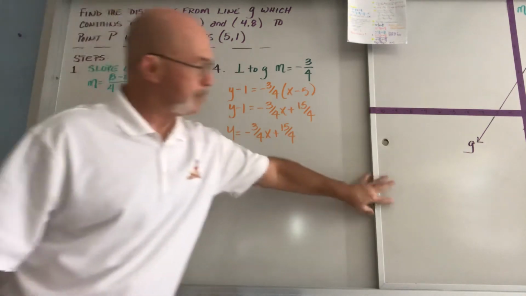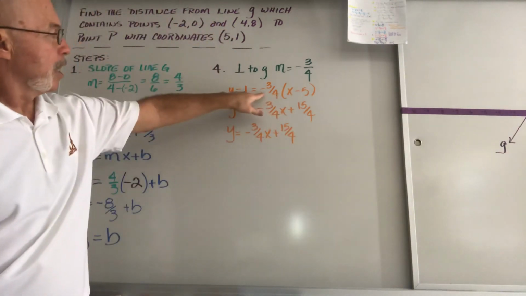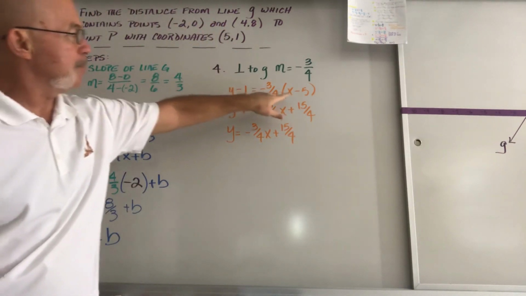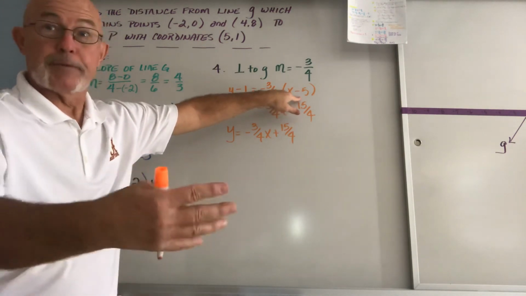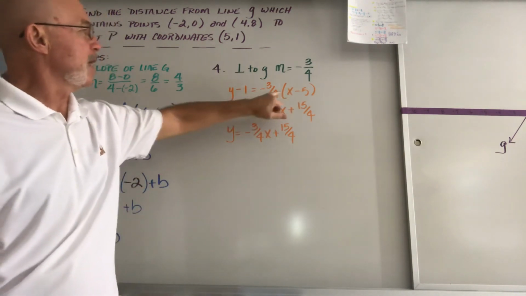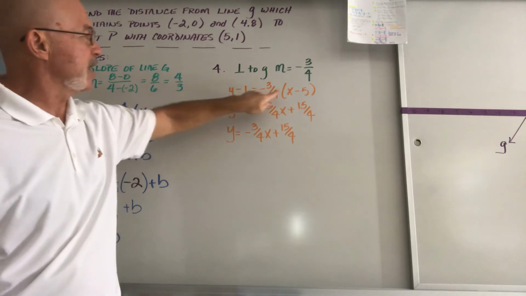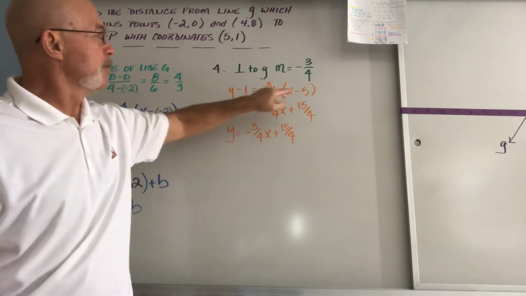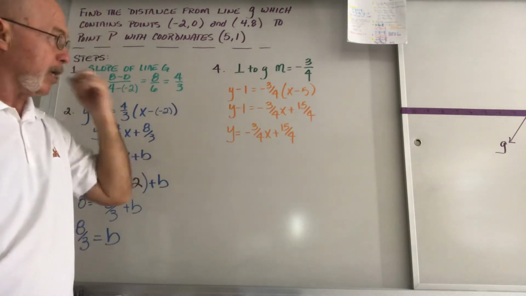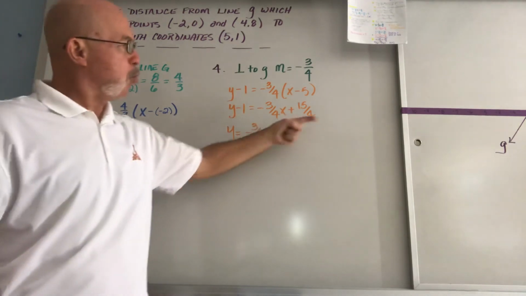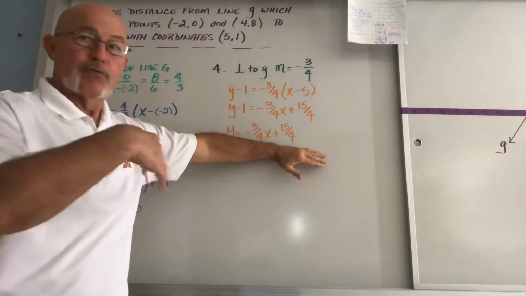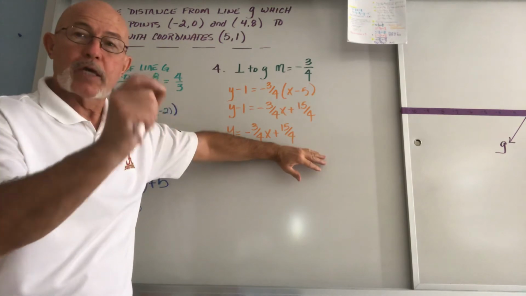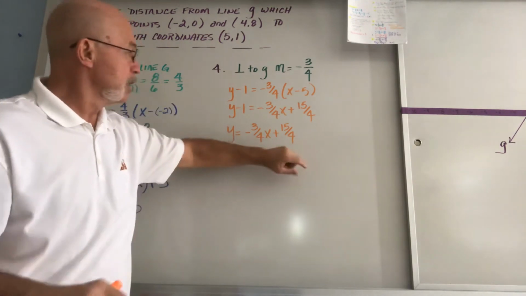I'll walk you through my next step here. Okay? I multiplied throughout, distributed. Okay? So, negative times positive is negative. Negative times negative is positive. 3 times 5 is 15. When I move this 1 over here, throughout this problem, we got to remember common denominators.